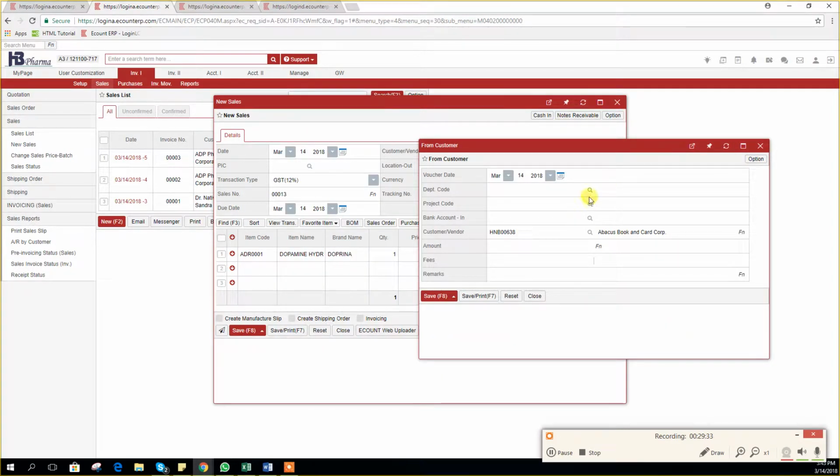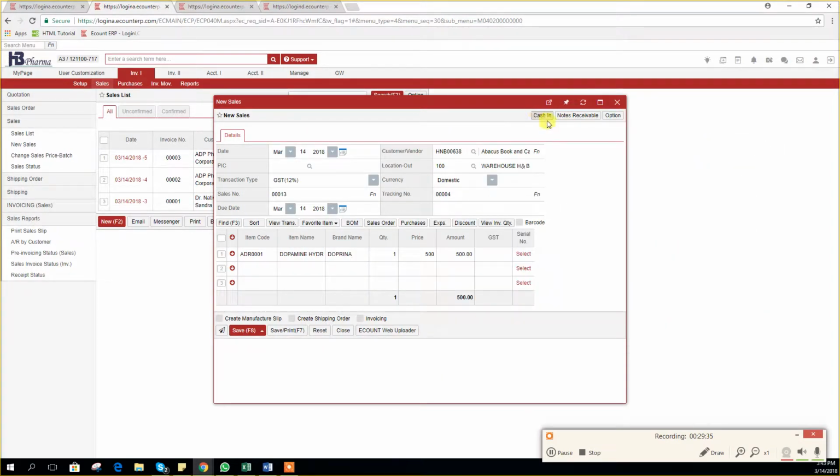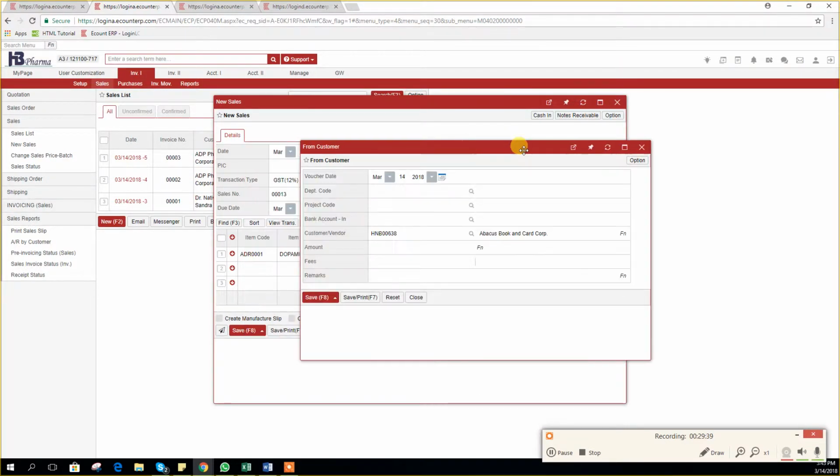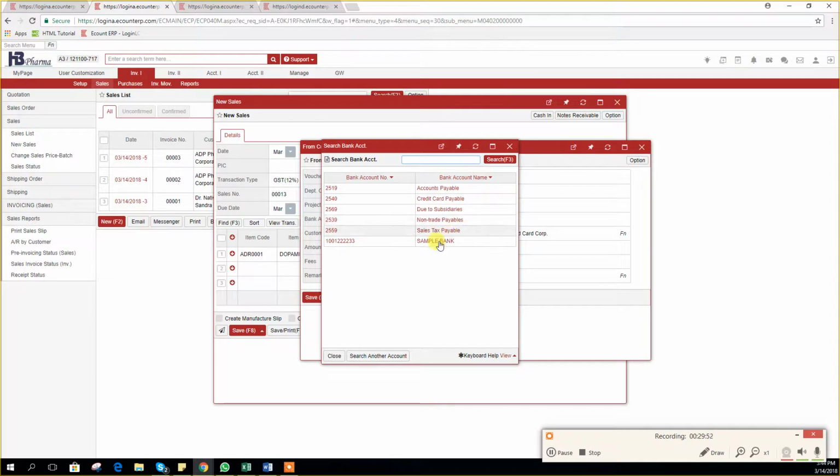Okay, so what to do? So you click here, cash in. This one is you receive cash. Alright, so bank in, whether it's your petty cash or your Metro Bank or whatever it is, you must put in the bank. So now you select the bank.